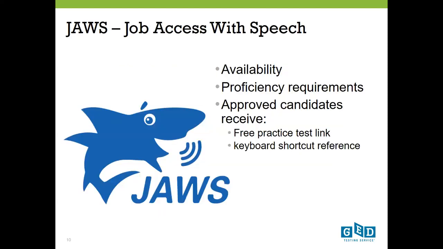And then the last one is JAWS, and JAWS is Job Access With Speech. JAWS is for candidates that generally are blind, and those candidates need to be proficient with JAWS. So, for example, my brother is legally blind and he uses JAWS.